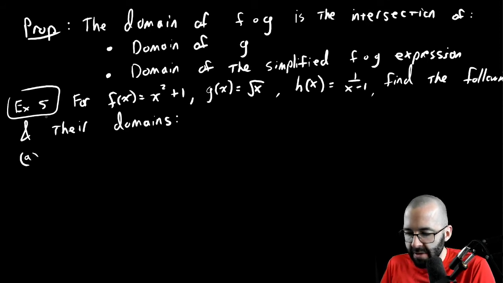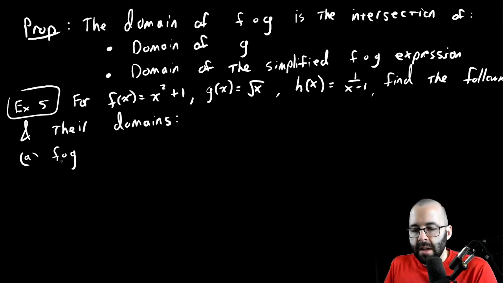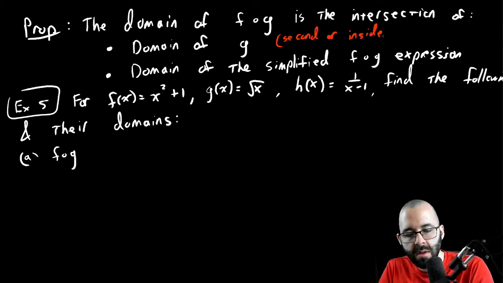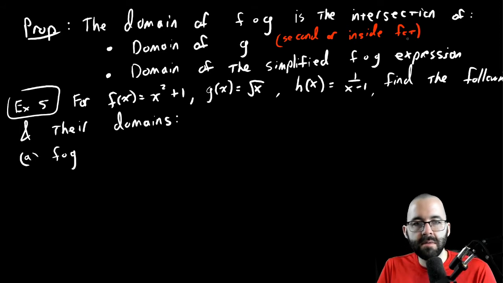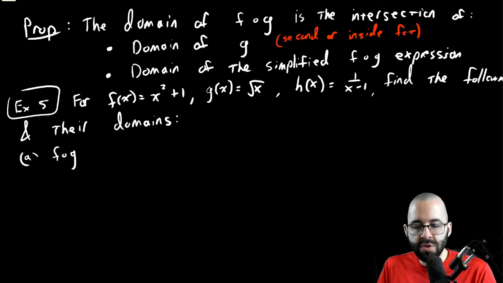Part 1 is going to be f of g. So maybe a quick note right here, g doesn't always necessarily mean g. G just means the second or the inside function. Okay, in this case, g is g. So f of g. Let's find this out.